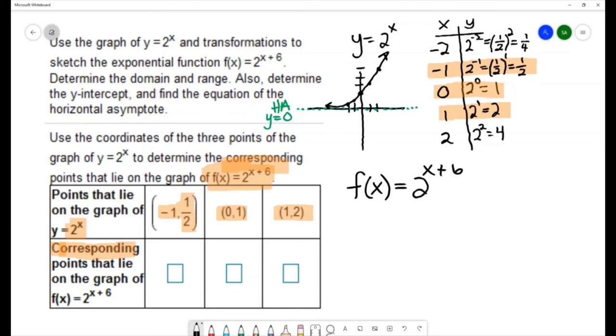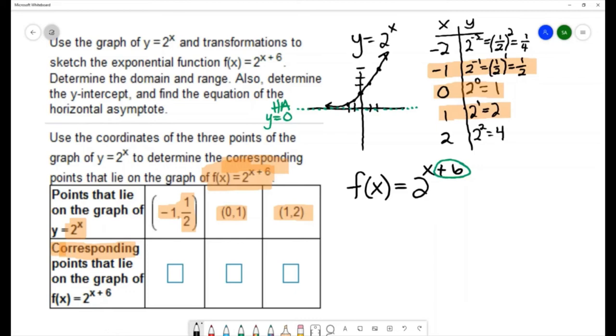We're going to use our knowledge about transformations. The difference between our base equation, 2 to the x, and the function we're interested in, 2 to the x plus 6, is this plus 6 here. So we need to know what that transformation does to the graph.